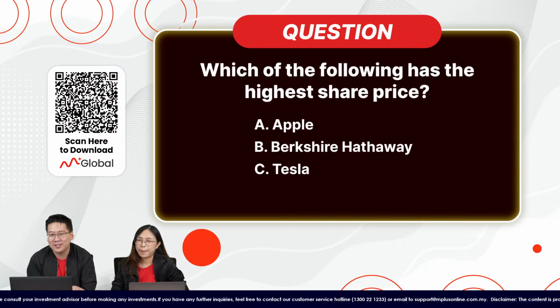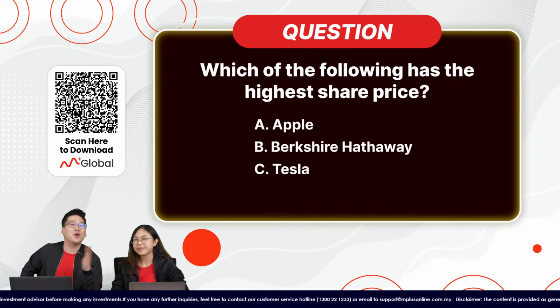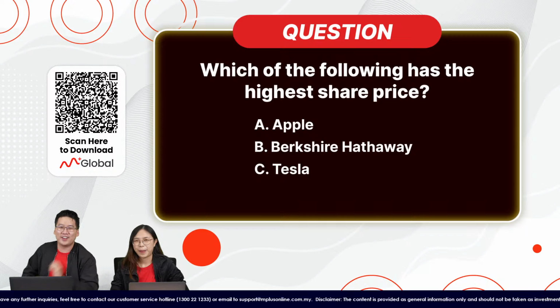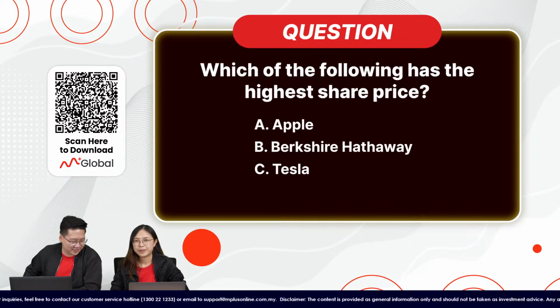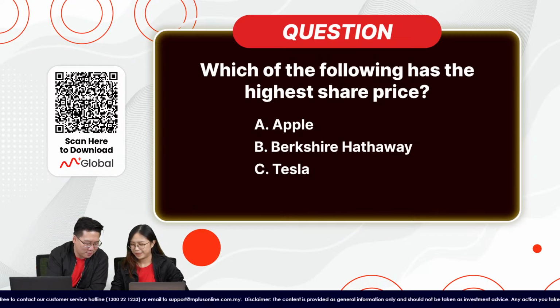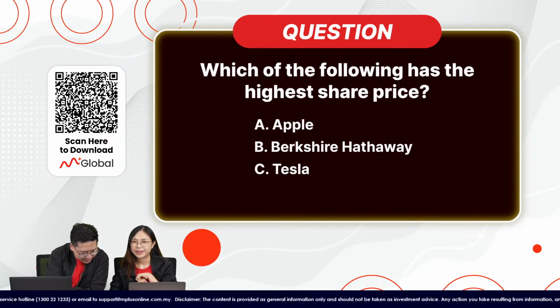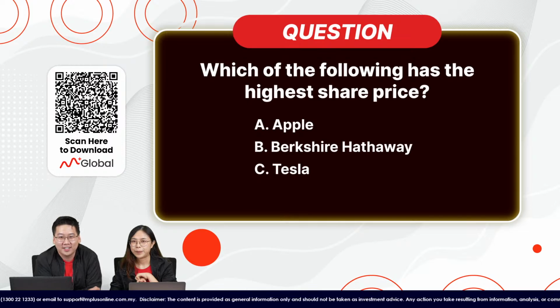Just for no extra points, can anyone tell me what the share price for Berkshire Hathaway is at the moment? If you want to take a look, share with me the current market share price of Berkshire Hathaway. I see Lai Ming says 00K.